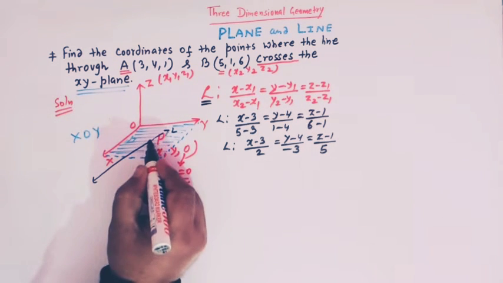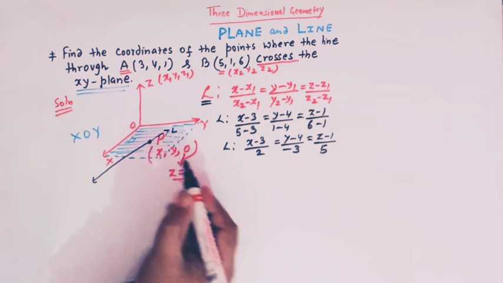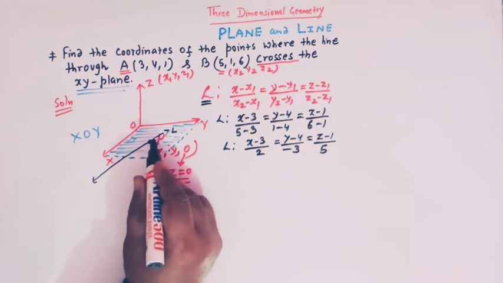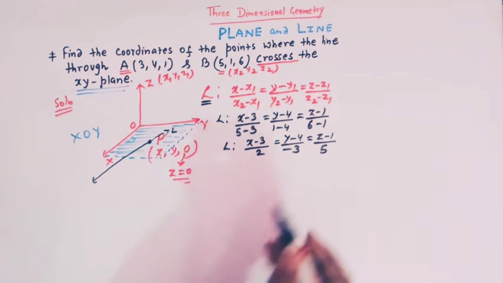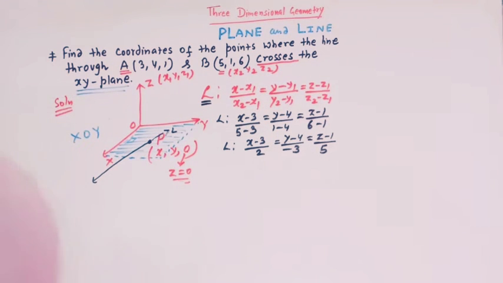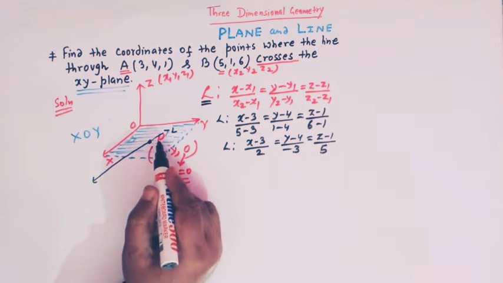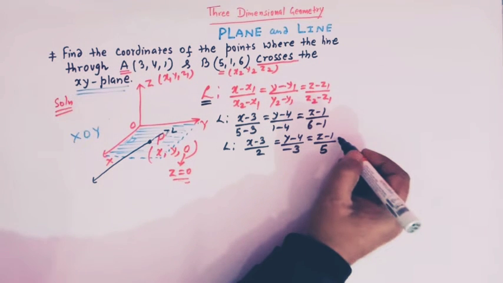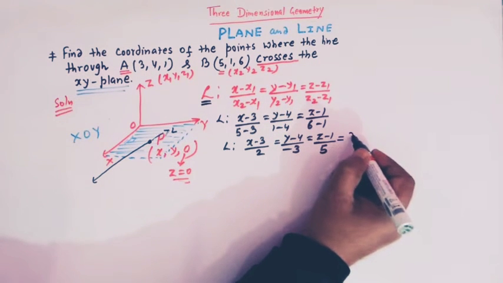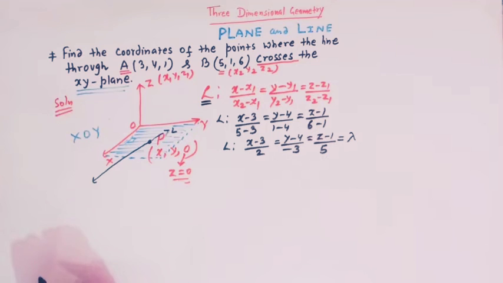So at this point the z coordinate is 0. Now to find the coordinates of this point P, let us find the general coordinates of any point lying on this line L.